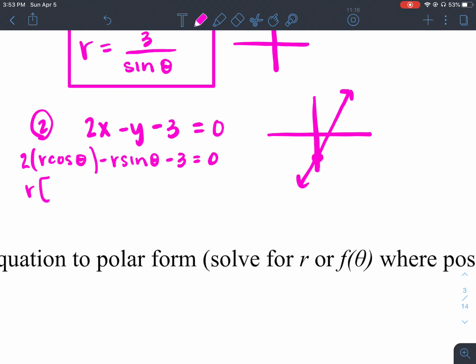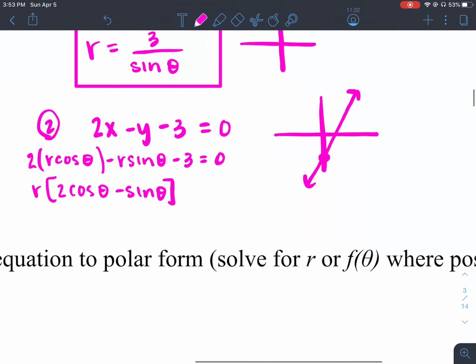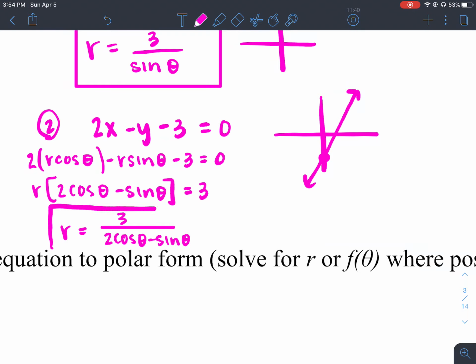So I have r times 2 cosine theta minus sine theta, and I'm going to add 3 to both sides. So this is now equal to 3. And now to get r alone, I'm just going to divide. So my r is equal to 3 divided by 2 cosine theta minus sine theta. And that's my polar equation for my line here.